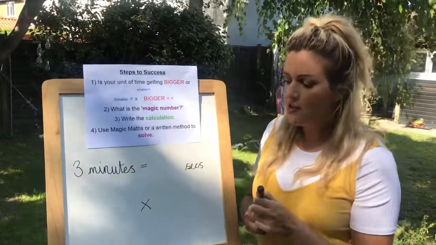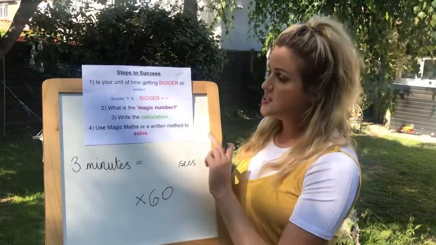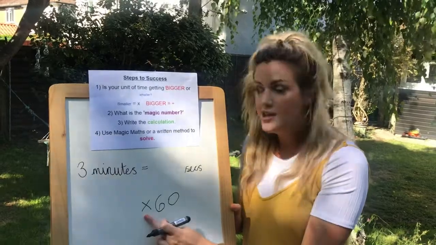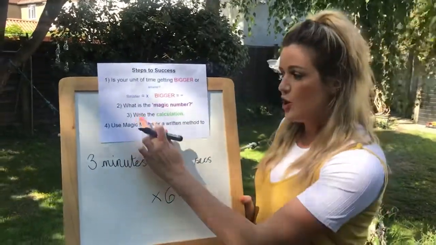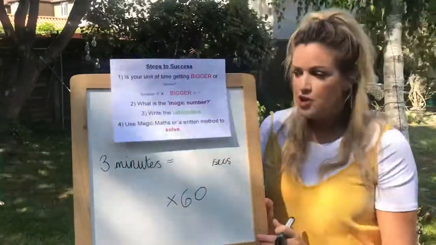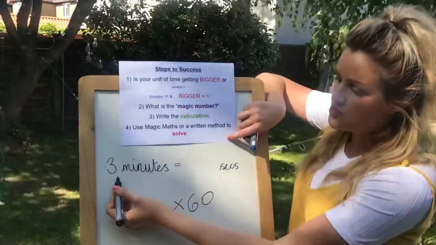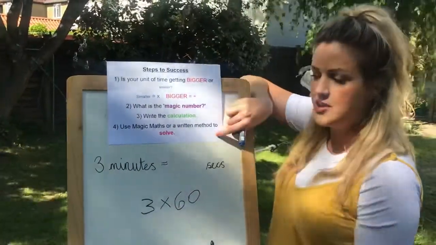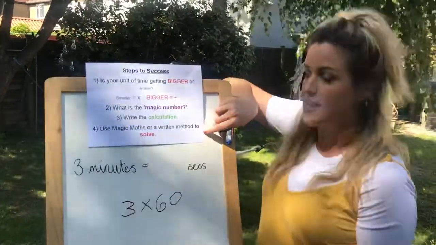So I've already worked out that I've got to multiply, and my magic number is 60. And then I've got to write the calculation. So I'm changing 3 minutes into seconds. So I'm doing 3 times 60. 3 lots of 60 seconds.